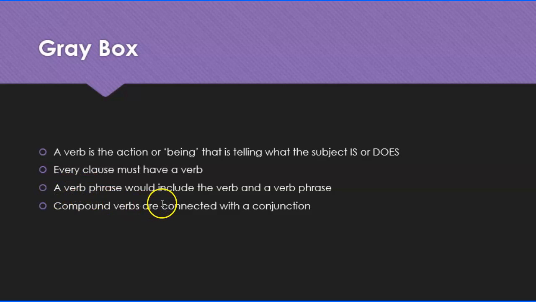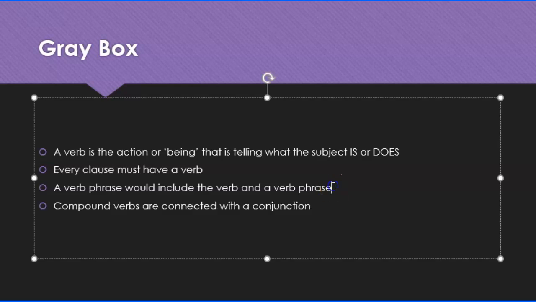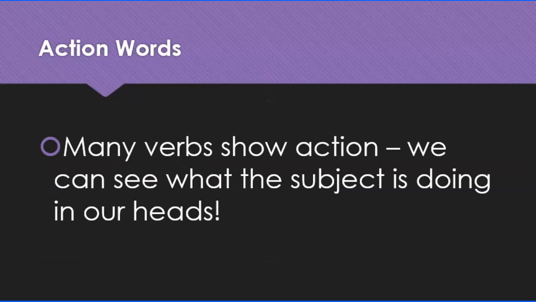Also, a verb phrase is going to include the verb and a helping verb. So a verb phrase is going to have the main verb, and it's also going to possibly have a helping verb with it. Compound verbs are connected with a conjunction, and we are going to be looking at those at the end to make sure you know how to use those.